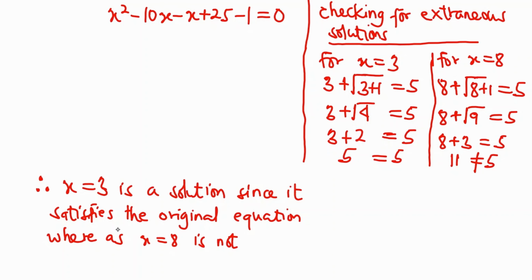So after writing this, then we conclude as such. So the only answer to this question is x equal to 3, but x is equal to 8 is not a solution to the question.